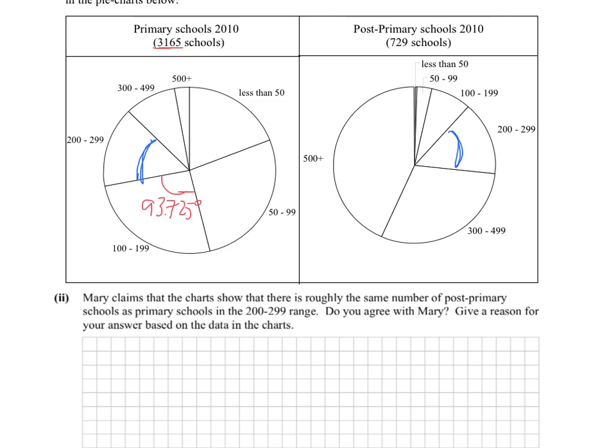Well, 50 degrees out of 360 times 3,165 is not going to be anywhere near the same as, not even remotely near the same similar situation, approximately 50 degrees out of 360 times 729. Because the total number that's available is completely different for the two, even if the pie sectors are the same size, they're not going to represent the same number of schools.